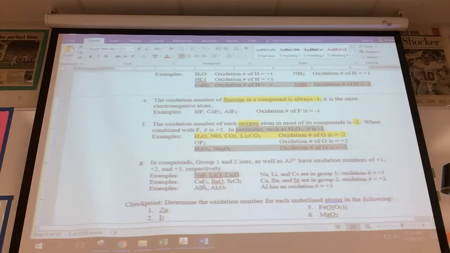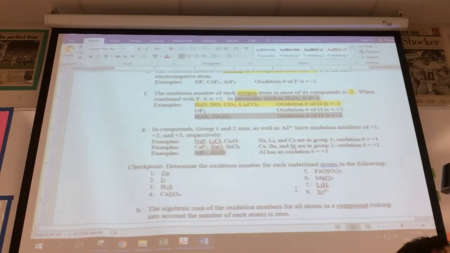They're in group 1. Calcium fluoride, barium oxide, strontium chloride, these are all in group 2, oxidation number of +2. An aluminum containing compound is going to have an oxidation number of aluminum of +3.